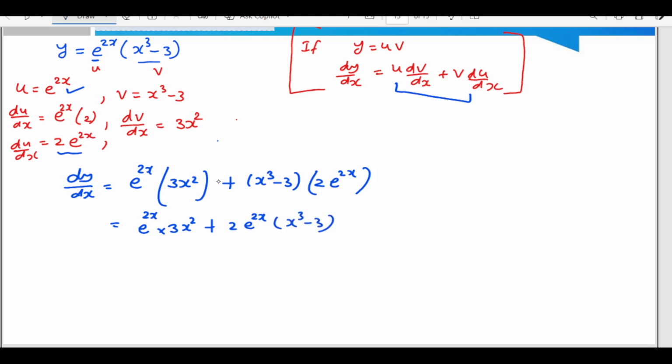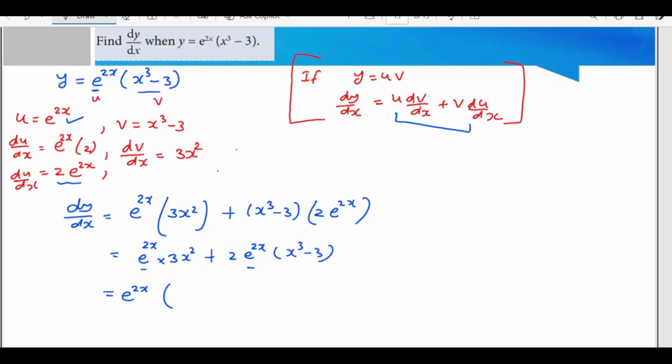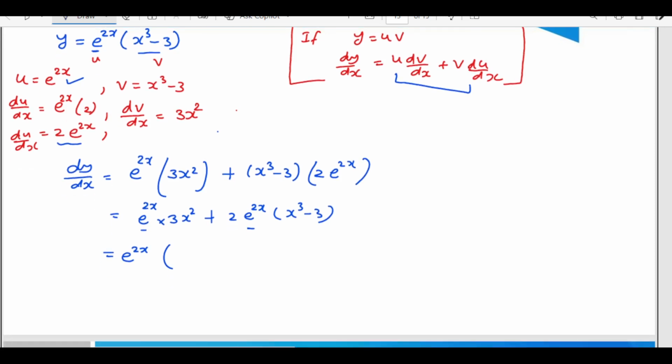Now if you see, e power 2x is common. We are not given the answer, but we have this e power 2x in the question, so we can write it in that form if possible.